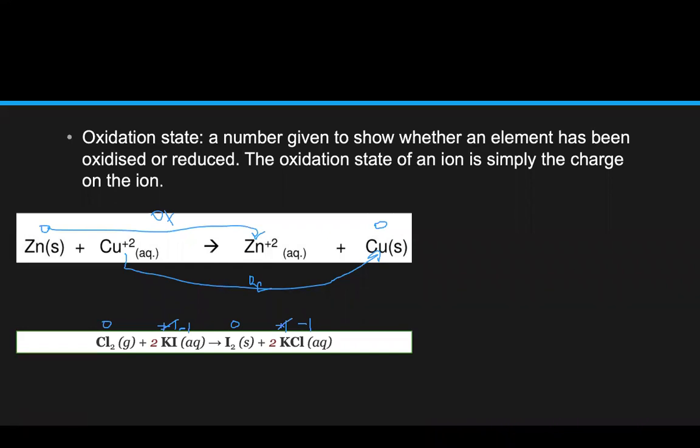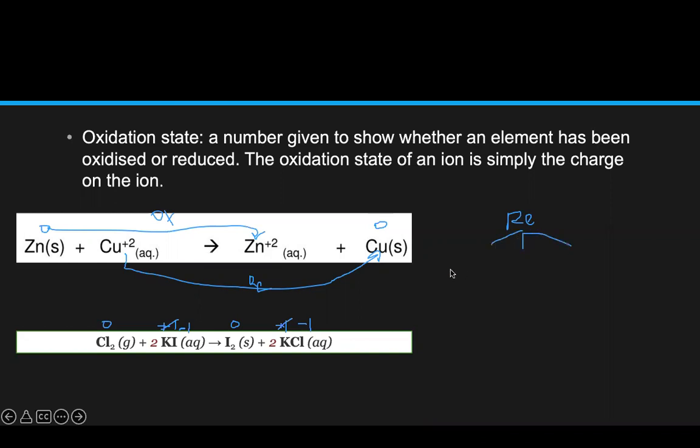So finally, oxidation is the increase in oxidation state of an atom or an ion, and reduction is the decrease in oxidation state of an atom or an ion. A very brief summary for what we talked about is redox. And redox reactions can be defined in 3 ways.